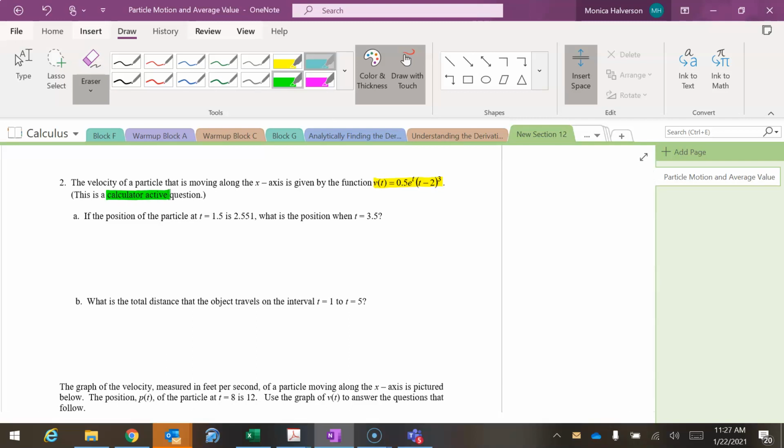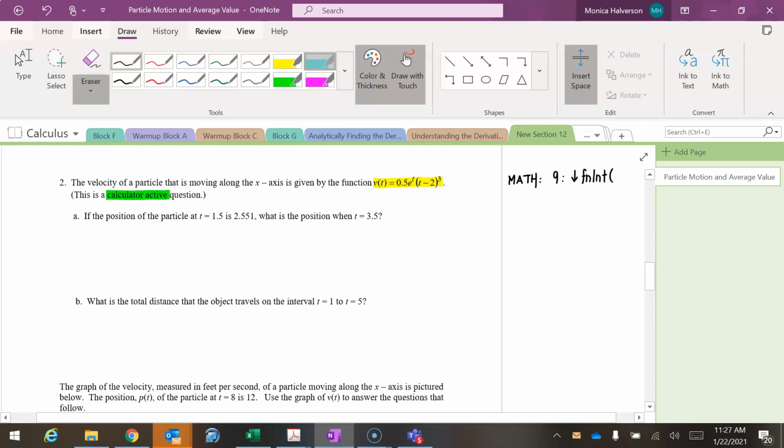Just as a reminder, on your TI-84s, if you hit the button math, and then you hit the number 9, which says function integral, you will get a definite integral on your calculator.